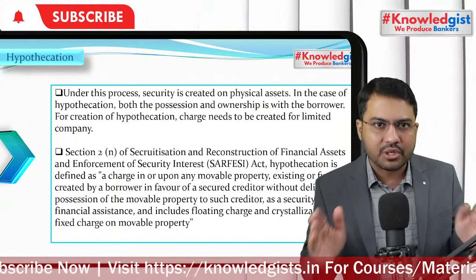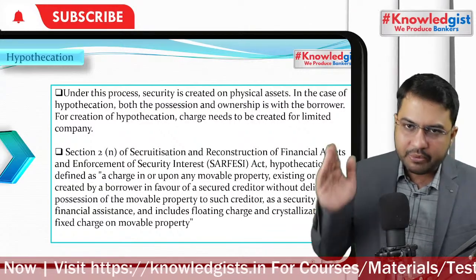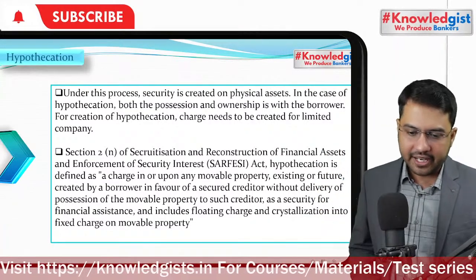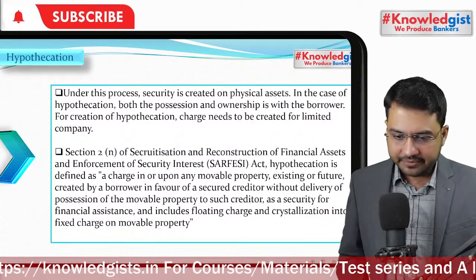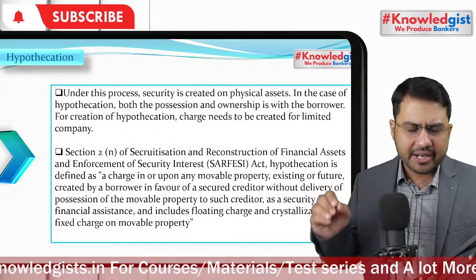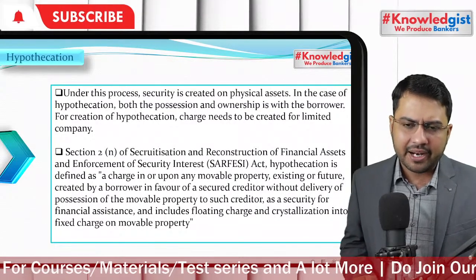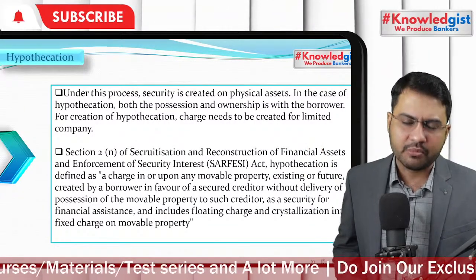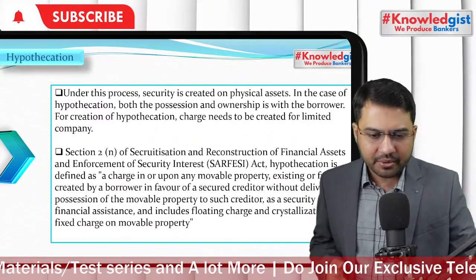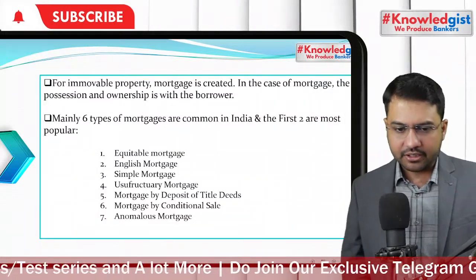Only the charge will be created in the name of State Bank of India. Clear? We're discussing a little technical terms, but as all of you are professional bankers, I believe that you know a lot more than me, but still I want to refresh some of your thought process.